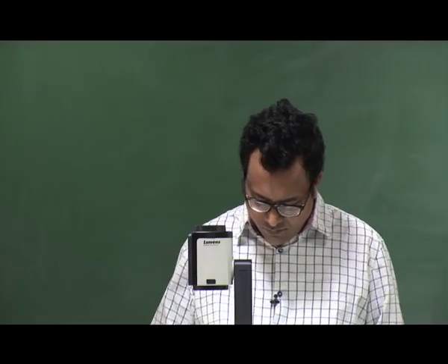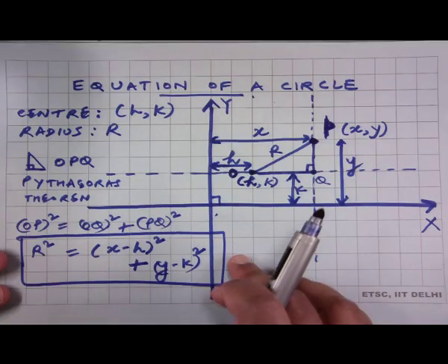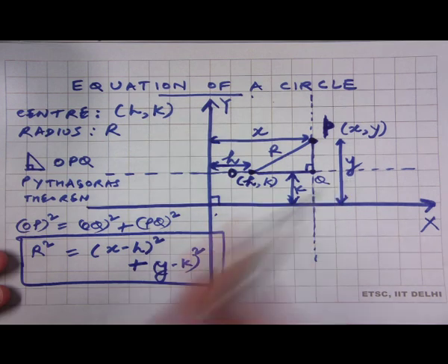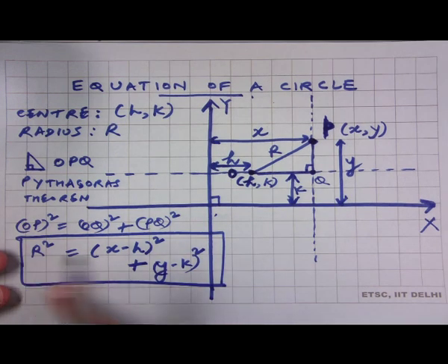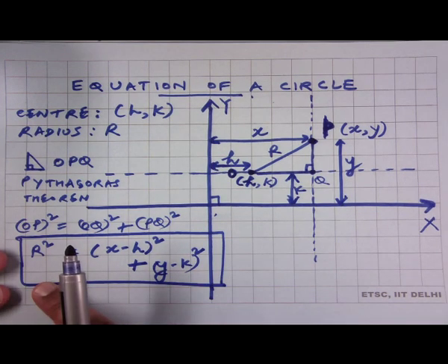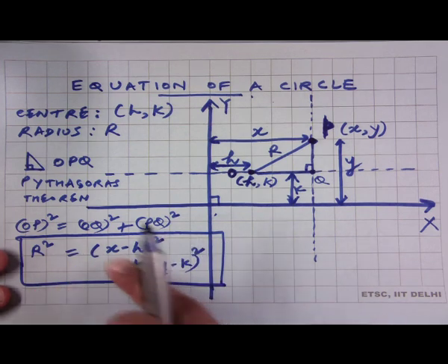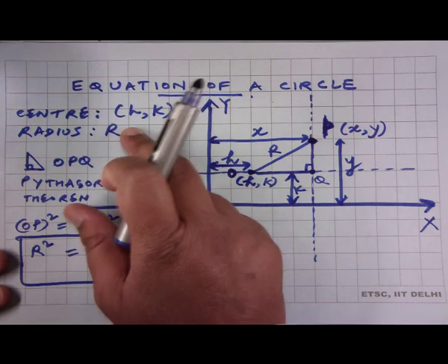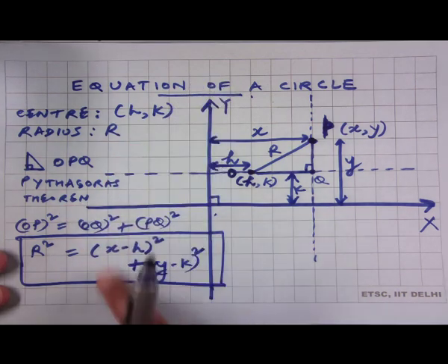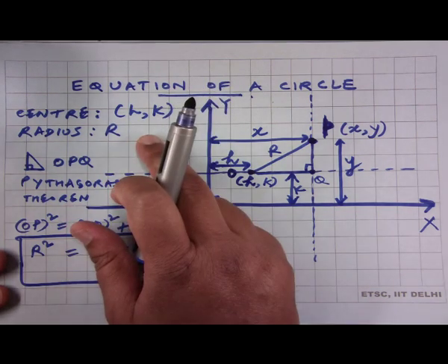So here, just as for the case of straight lines, even in the case of circles, we get a general rule which the coordinates of any point on the circle must satisfy.